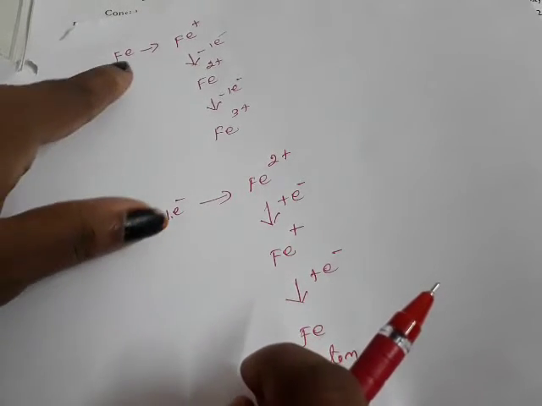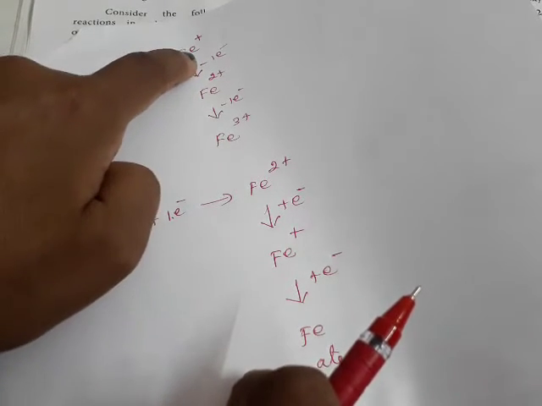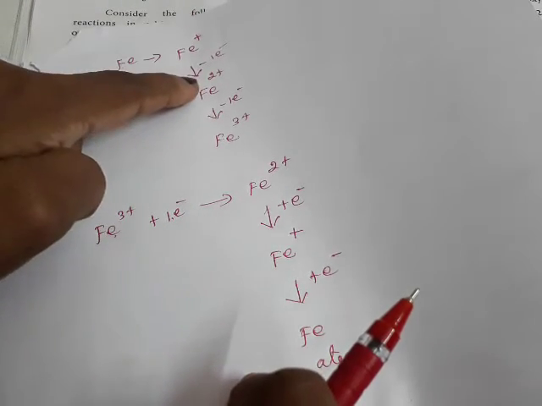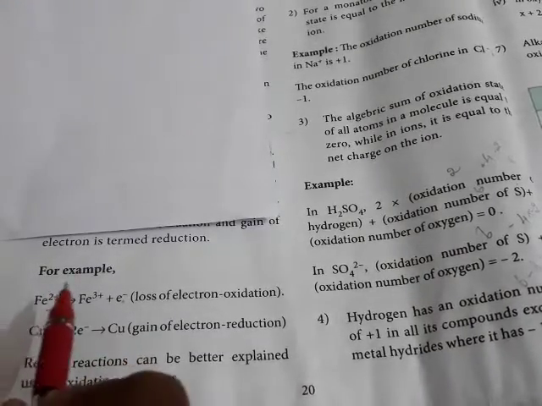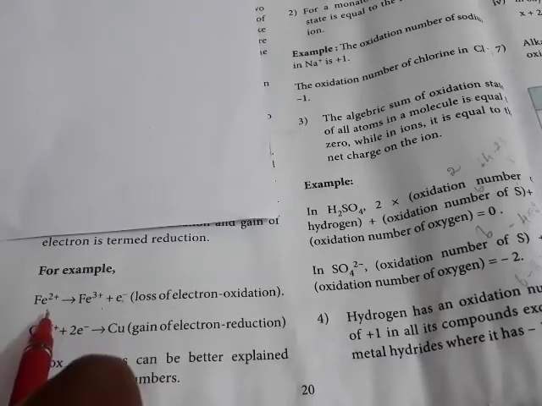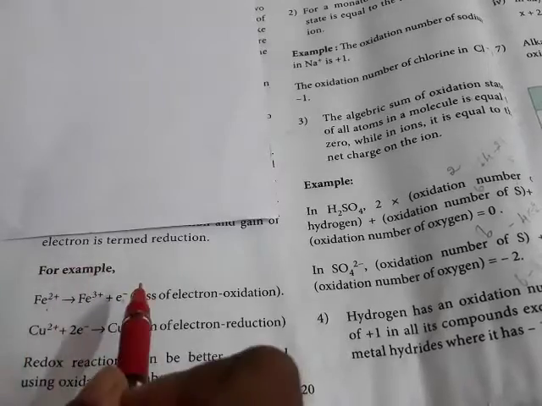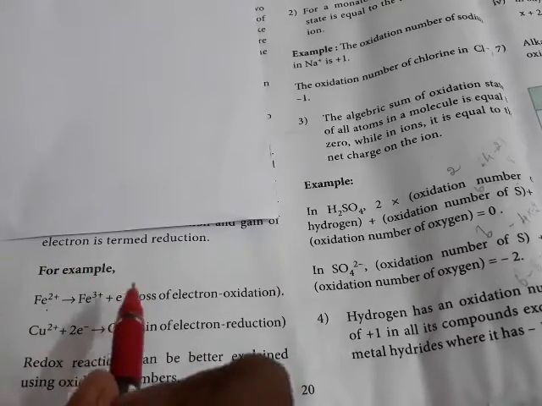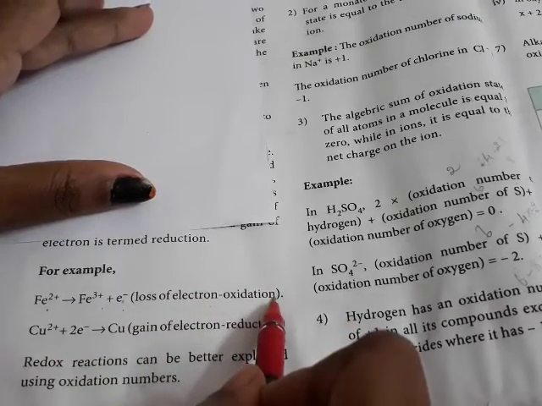Fe atom loses one electron to become Fe+, and Fe2+ loses one electron and changes into Fe3+. So the loss of electrons is called oxidation.